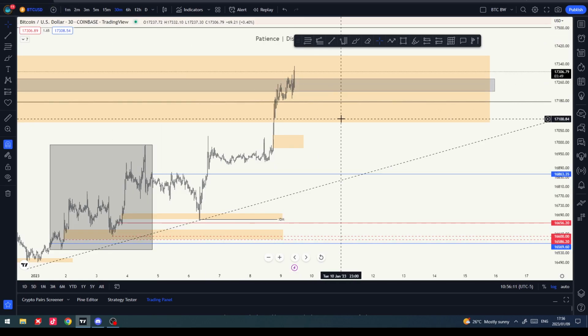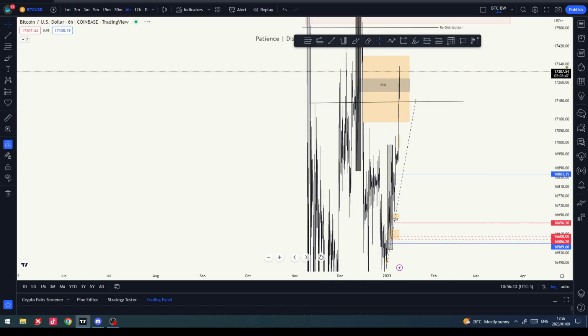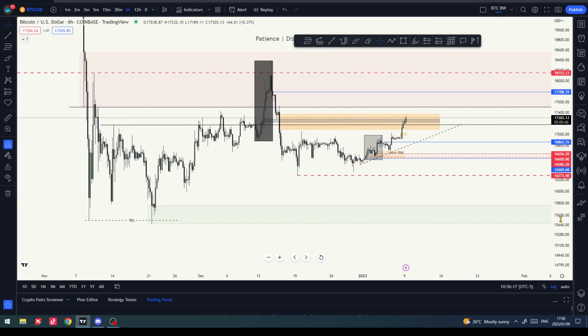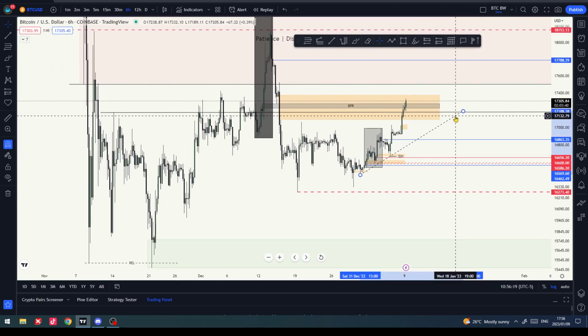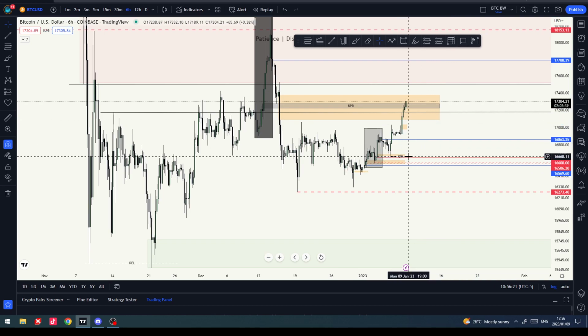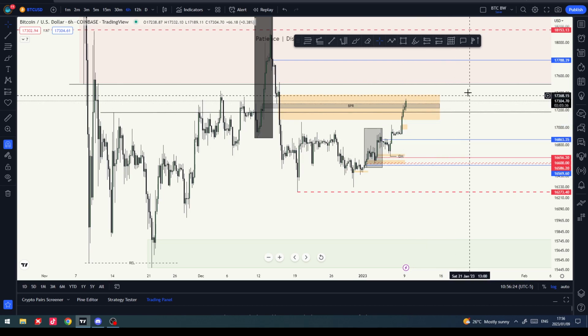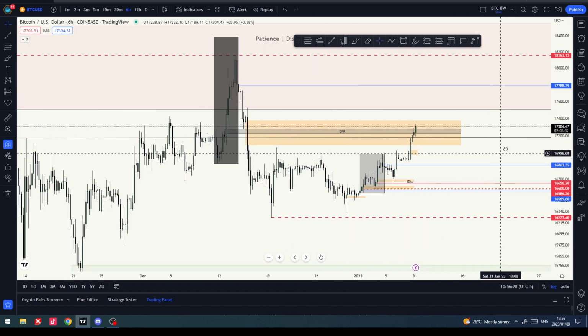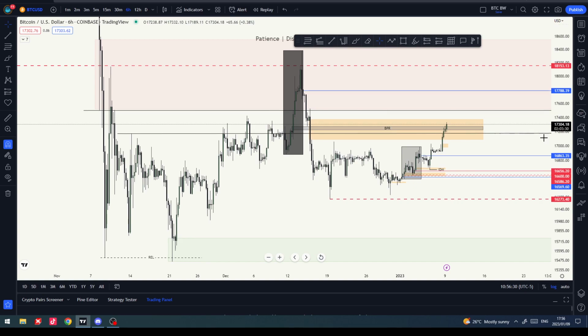Right, BTC on the weekend, I was looking for a sell a bit lower. Let's close this up. I was looking for a sell a bit lower to 16.6 before we pushed higher. But what you can see here is on BTC, we have a dealing range that was created here, right?